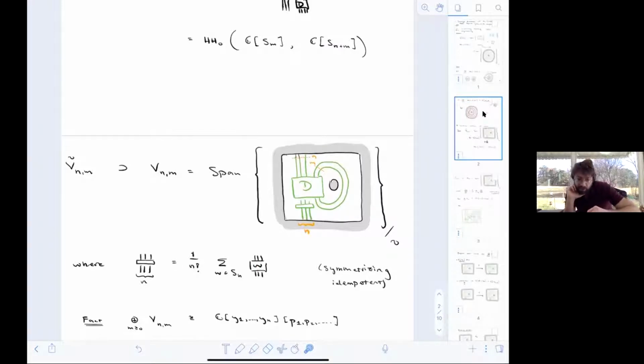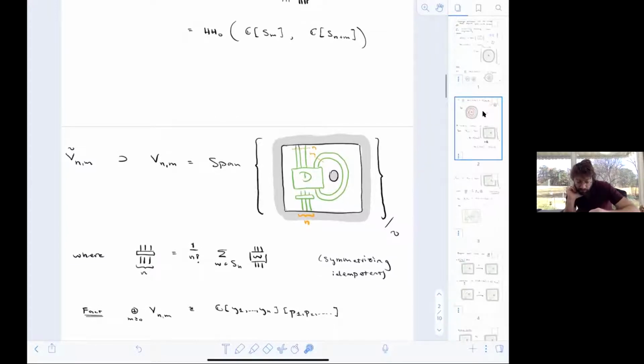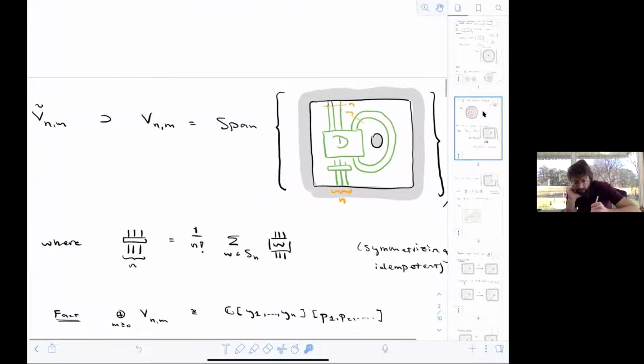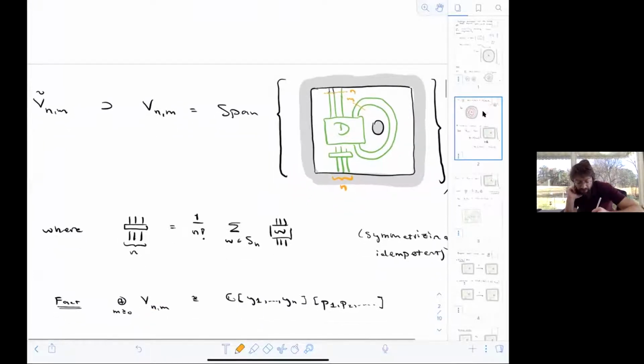Now size-wise, consider this vector space as n and m vary. Oh, sorry, I want to fix n and take the direct sum over all m's.